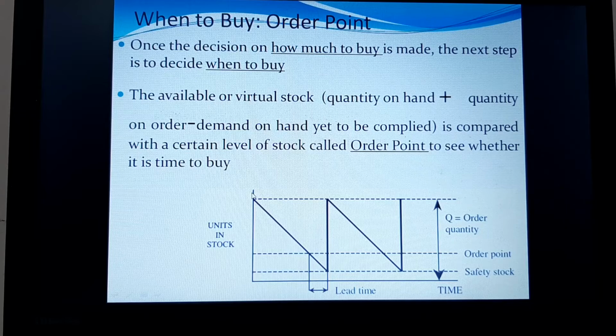You would have noticed that here it's the inventory value, as we have discussed from the previous figure, and this is your time scale, in which you can see that this much amount is available as EOQ. This is your order quantity that we have already discussed. Now as the EOQ comes down, at a particular interval you are supposed to order your materials.